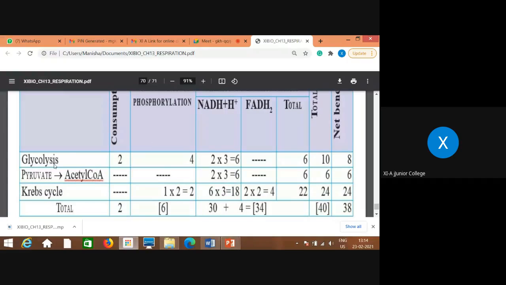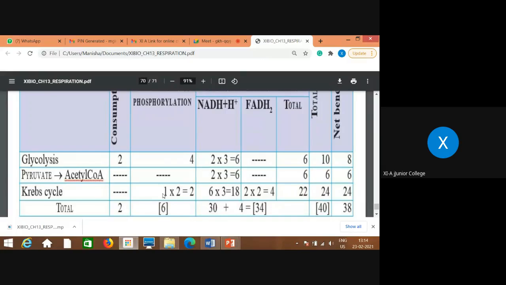In this you can see glycolysis. During glycolysis, through phosphorylation, 4 ATPs are generated but 2 are consumed. And from two molecules of NADH2, that means a total of 6 ATP. So 6 plus 4, 10, minus 2 consumed. So the net gain is 8 at the end of glycolysis. Now pyruvate to acetyl coenzyme A, that means the acetylation reaction, directly from NADH2, two molecules of NADH2 are produced, which is equivalent to 6 ATP. So the total is 6 at the end of the acetylation reaction.